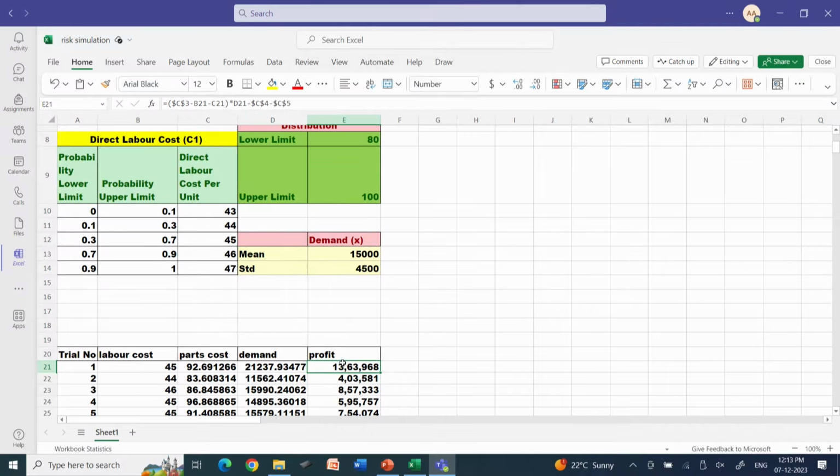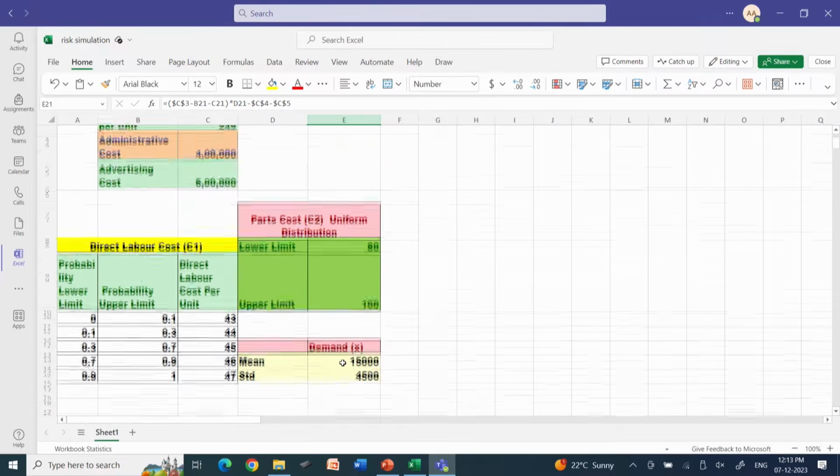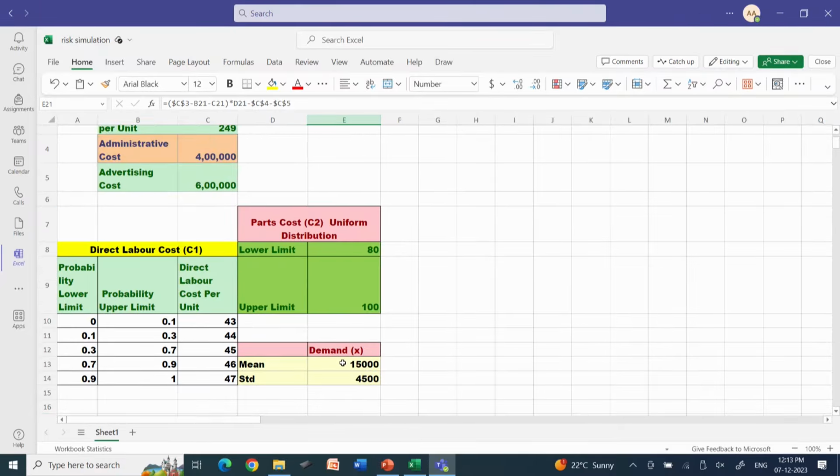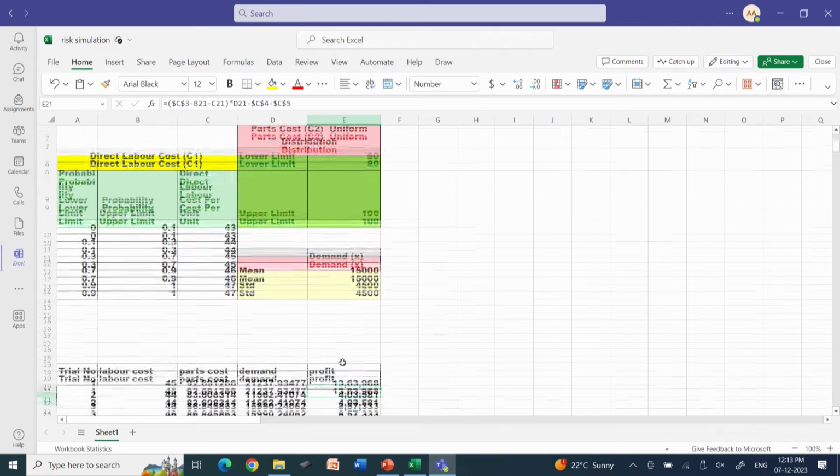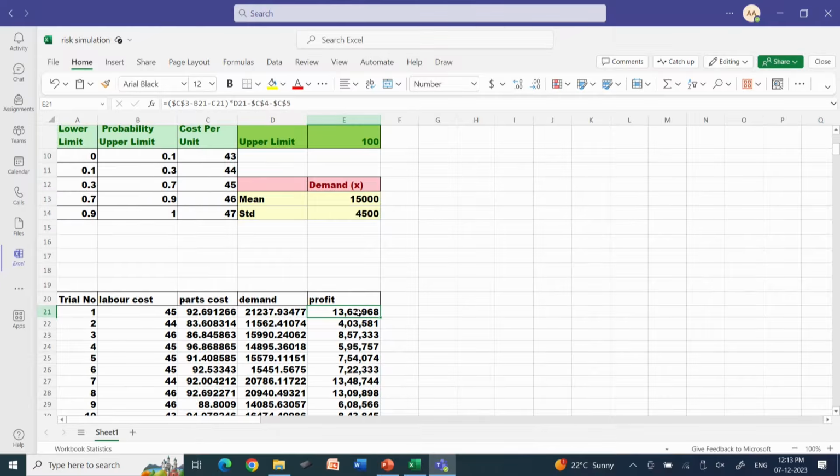So, I will get the overall revenue, minus the 2 costs, one at C4 and another at C5, 400,000 and 600,000, which I am also subtracting. So, in the last column I am getting the profit. For trial one my profit is 13,63,968. So, I can drag it up to as many iterations as needed.